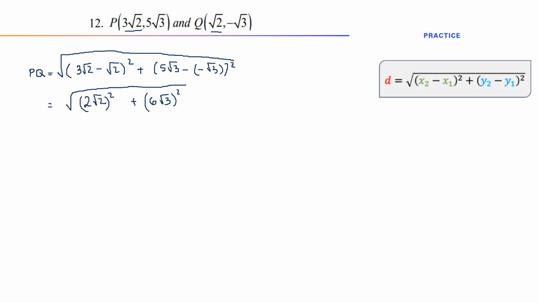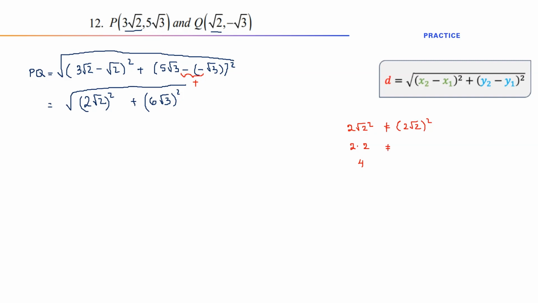One common mistake we usually have here is that we forget to put the all squared. This one is different from that one, because this one we understand as 2 times square root of 2 squared, which is 2, and that is 4.